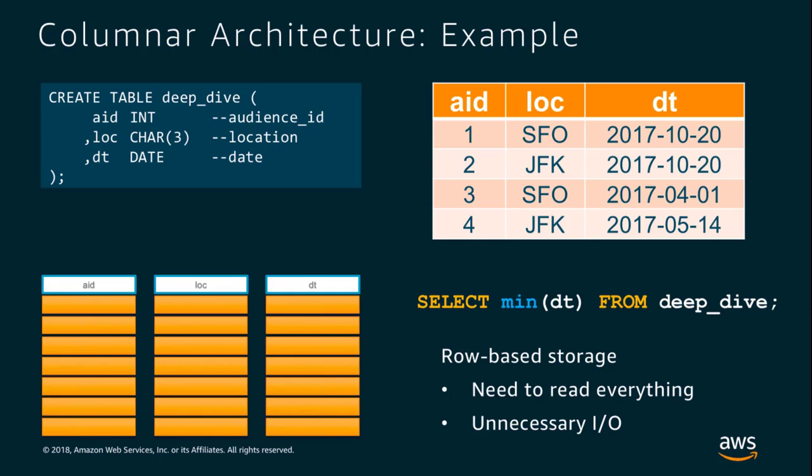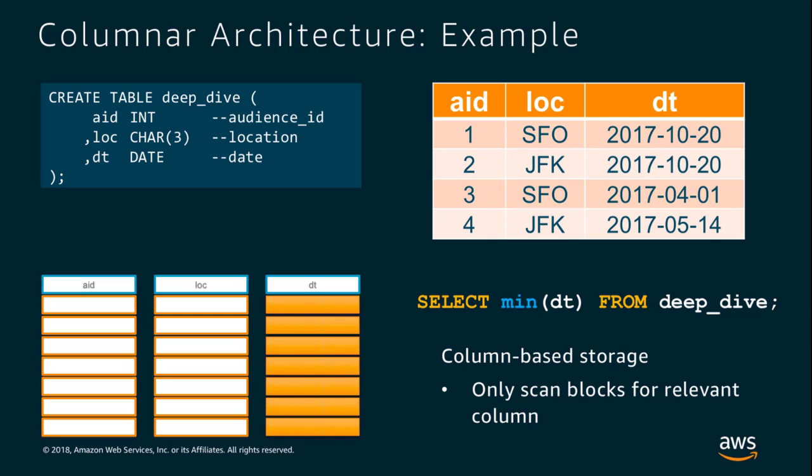It's just a table with 3 columns and a handful of rows in it. If we were to run this select minimum date from this table, in a row-based database, you'd end up scanning the entire table. However, in a columnar data warehouse, because we're only accessing a single column, we only need to read that single date-time column off disk, thus reducing I/O.